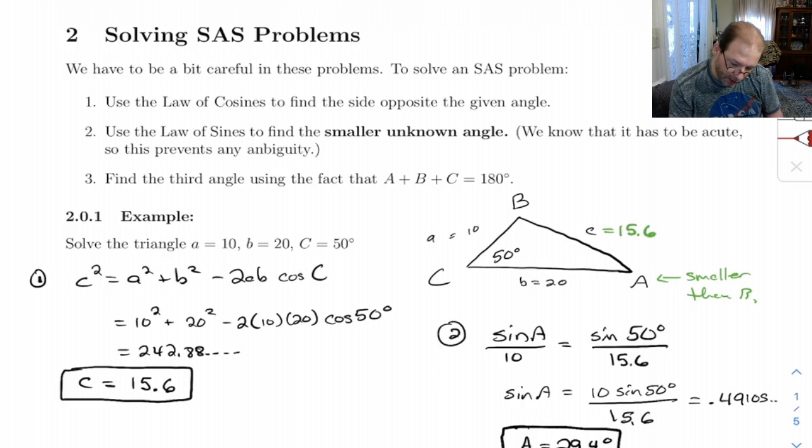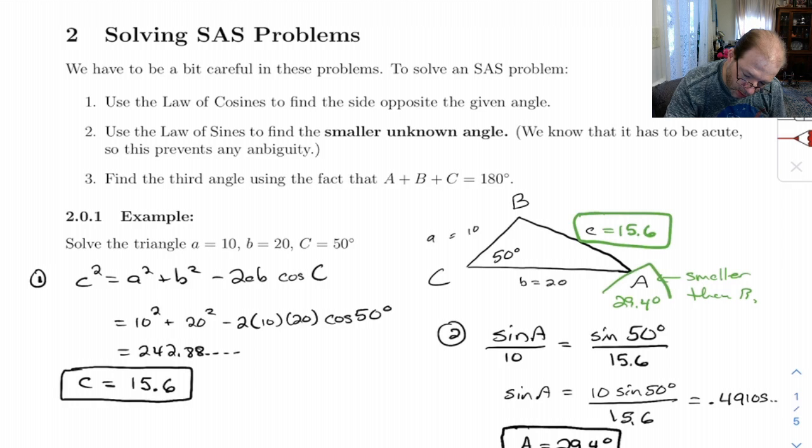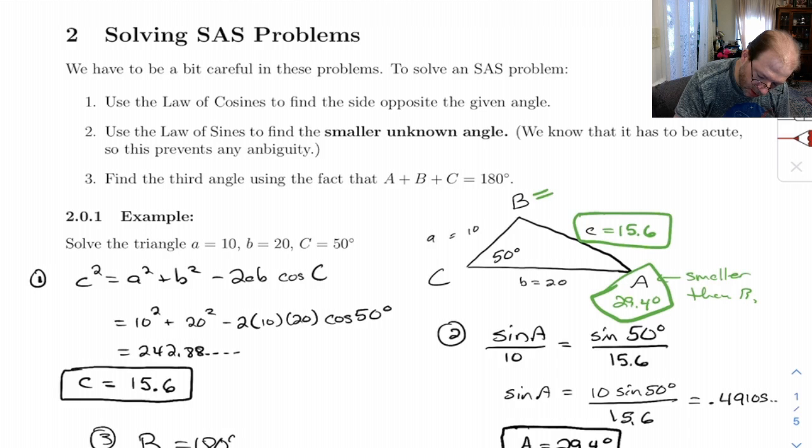All right, the only thing left to find here is angle B, and that part's easy. To get angle B, we just do B is 180 minus the two other angles.